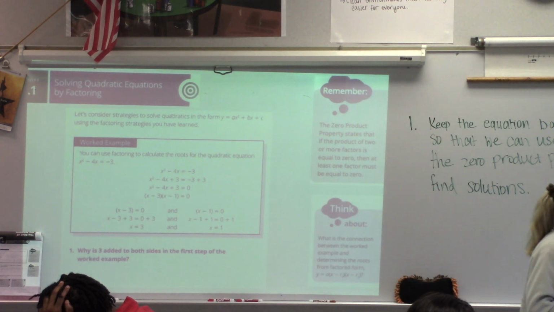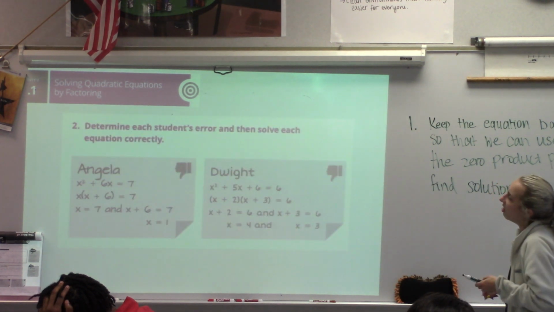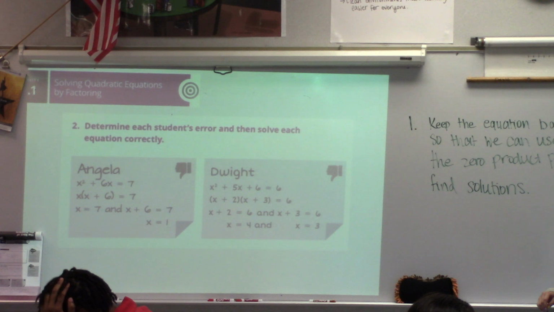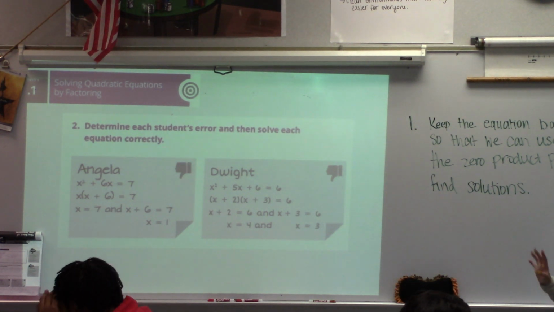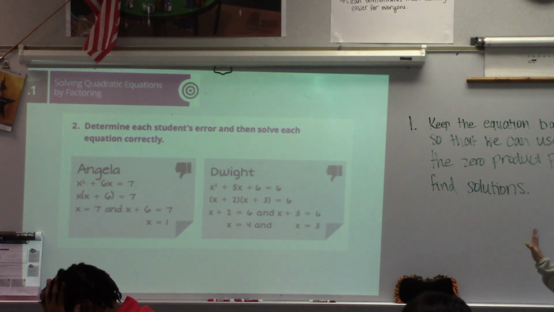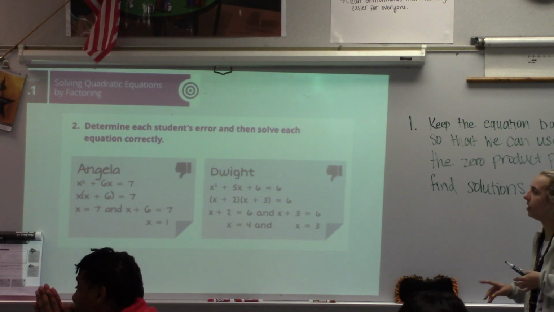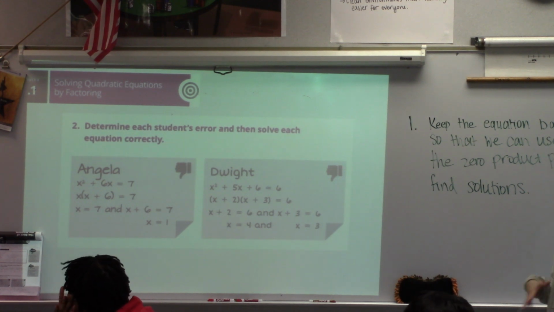Can you put the next one? Okay, look at number 2. It asks us to determine each student's error and then solve the equation correctly.